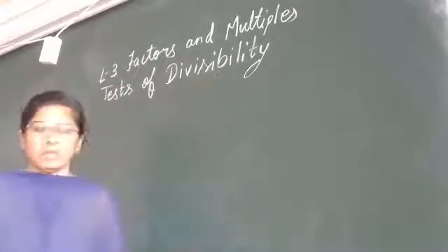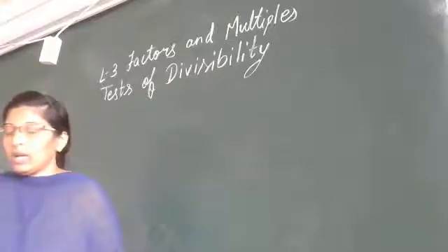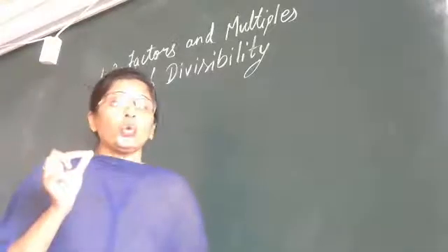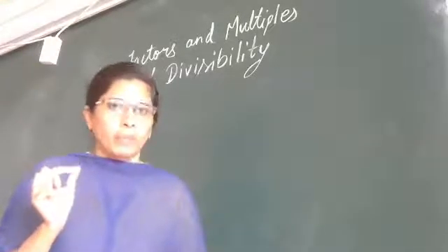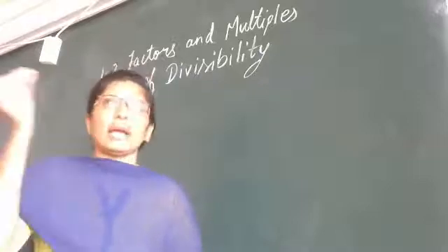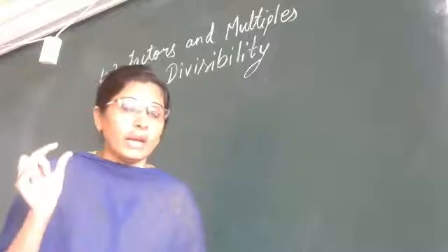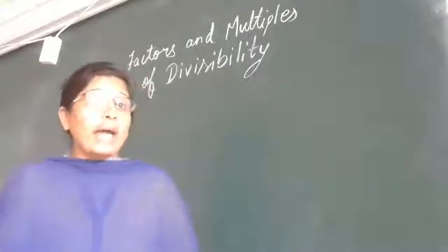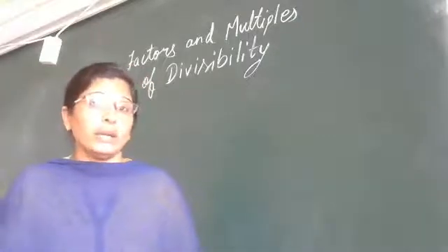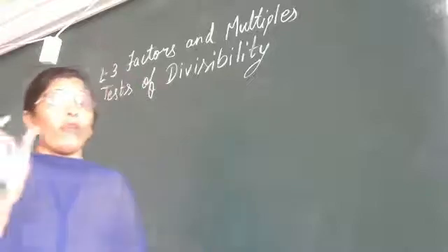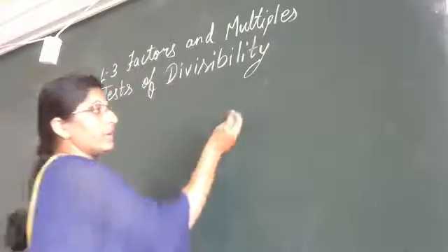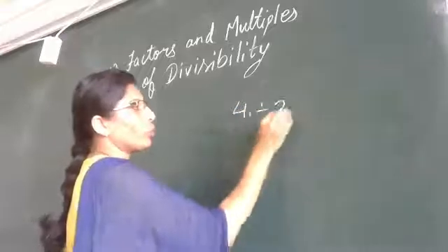Divisibility. What do you mean by divisibility? Divisibility means, see, when we have to divide any number, we should know that when you divide the number, you are getting the remainder as 0. For smaller numbers, it will be easy. Now 4 divided by 2.